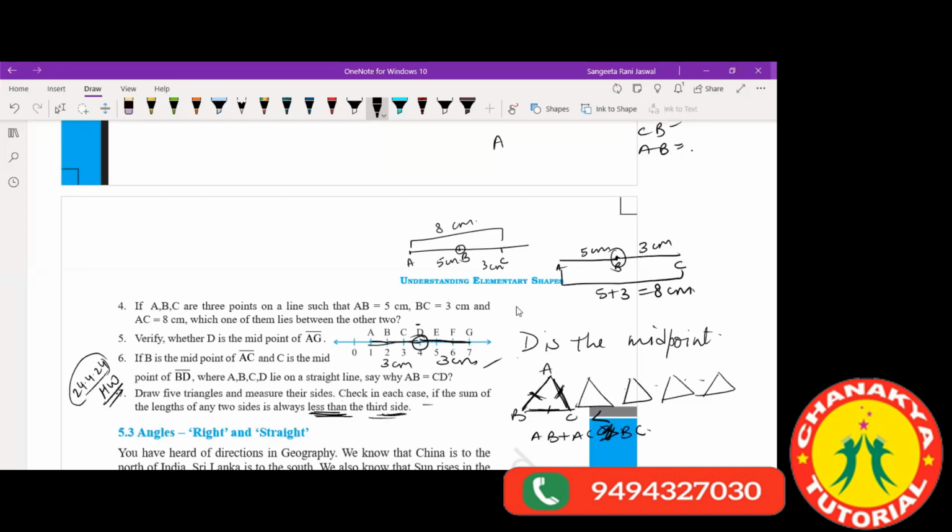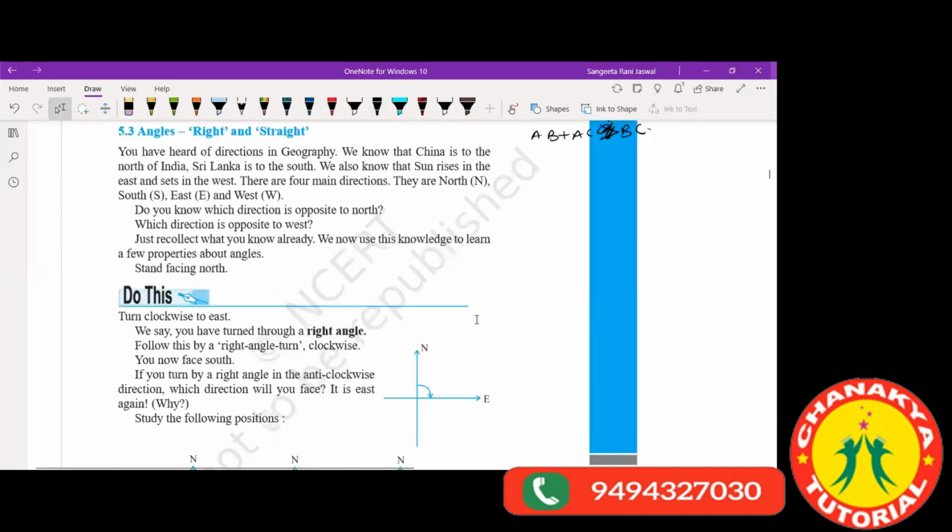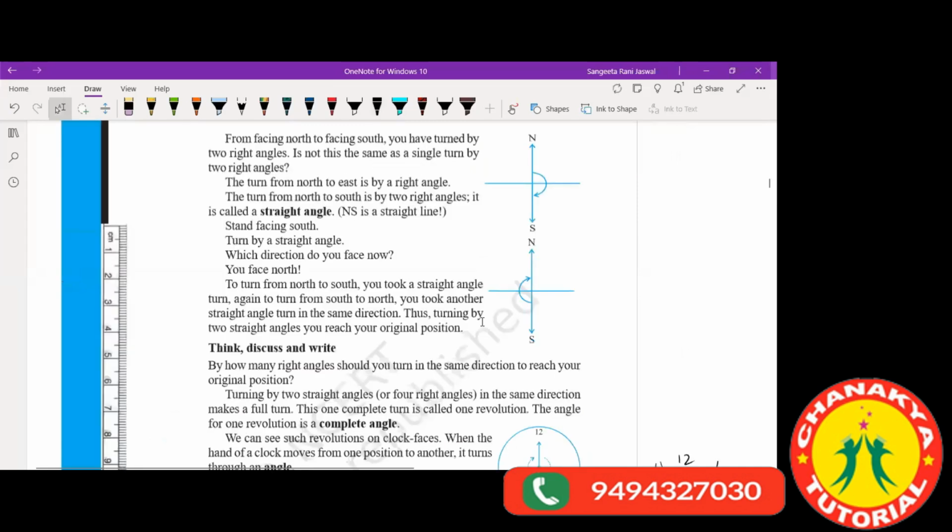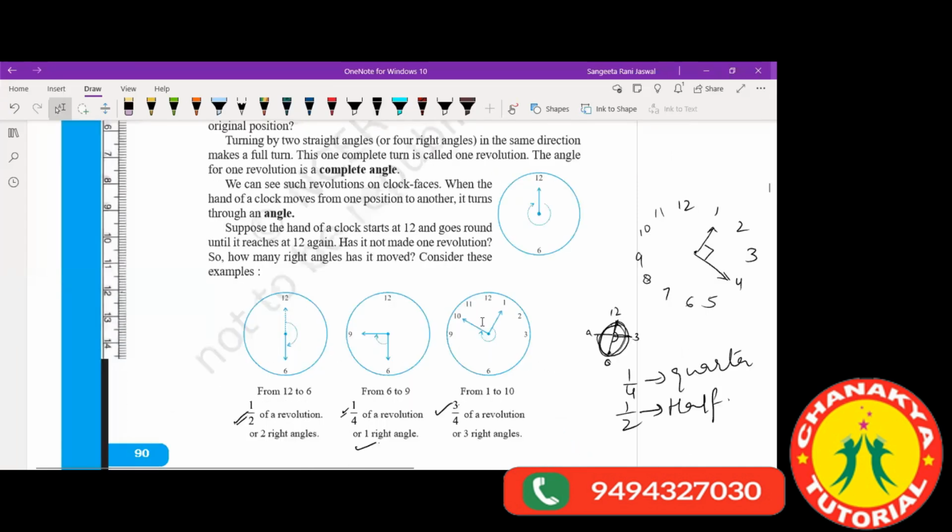Okay. So in this chapter we studied about angles, right angle, straight angle. Right angle is a 90-degree angle. And acute angle is an angle which is less than 90 degrees. An angle greater than 90 degrees and less than 180, which lies between 90 and 180 degrees, is called an obtuse angle.